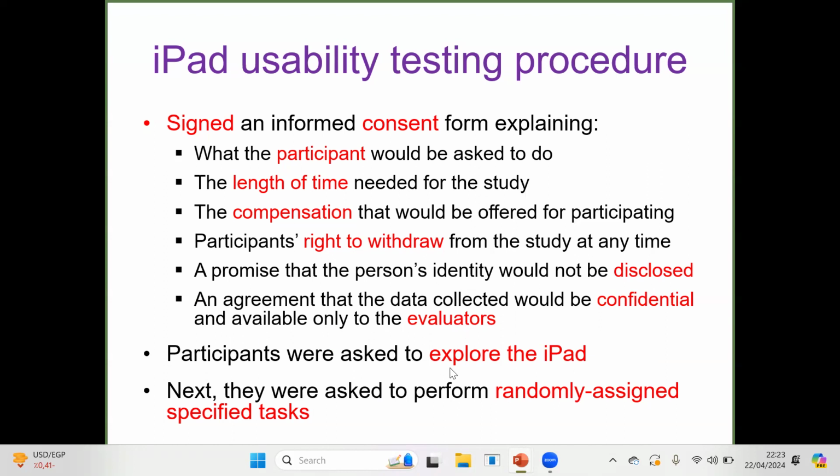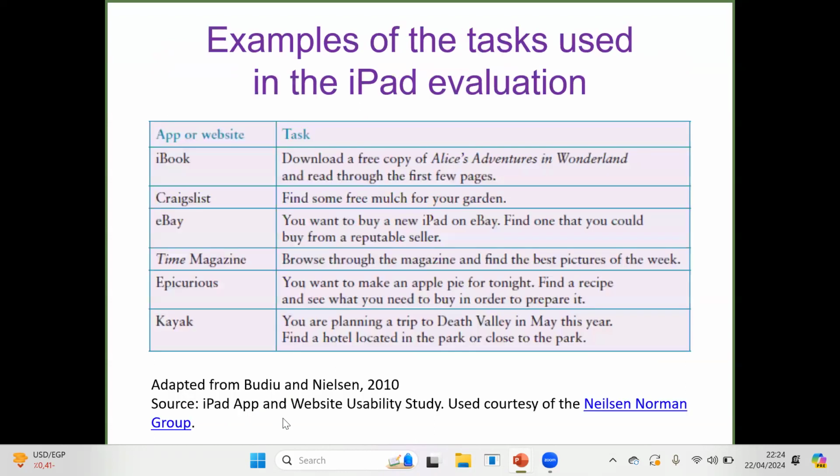Participants were asked to explore the iPad. Next, they were asked to perform randomly assigned specified tasks. The tasks given to the participants to carry out on the iPad were on specific apps or websites that include iBook.